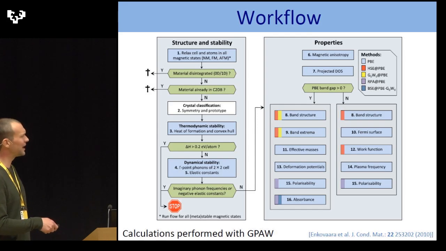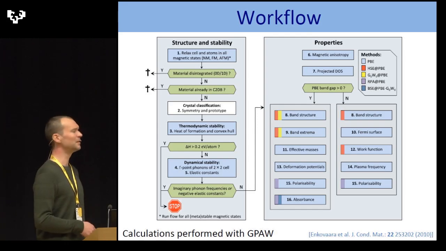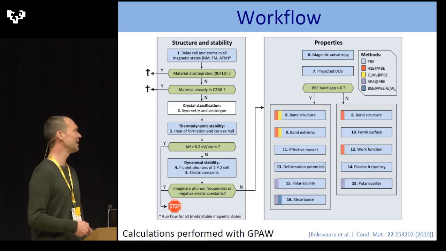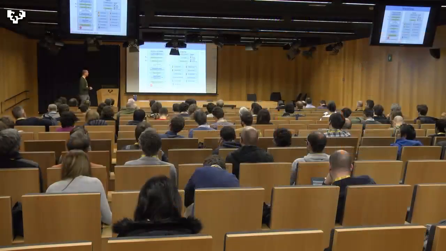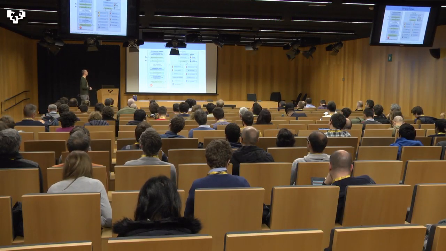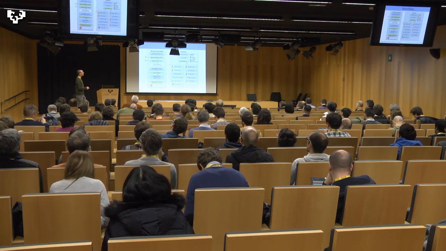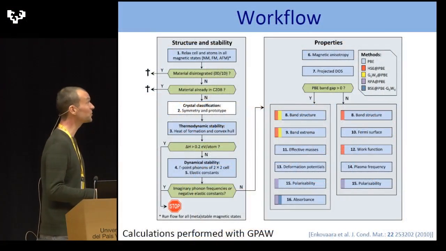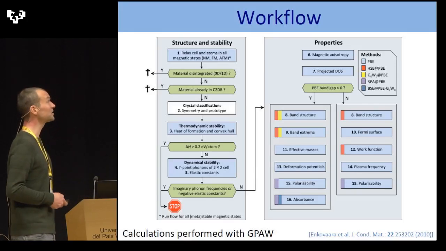Then we also calculate dynamic stability, simply calculating the phonons at the Brillouin zone corners. And if some of these are imaginary, we know that it will distort to some other structure, and we discard it. So once we have a material that we regard as stable, we calculate various properties like anisotropy, projected density of states, and band structures.